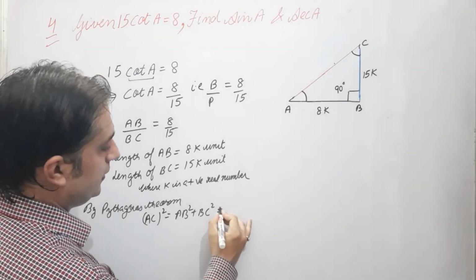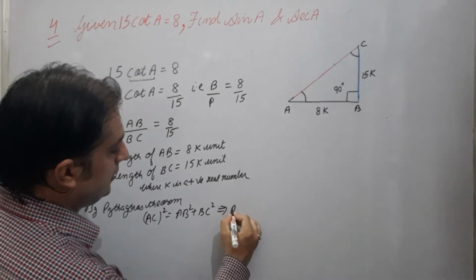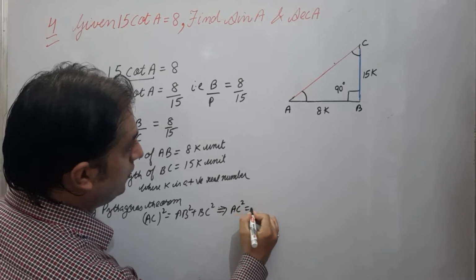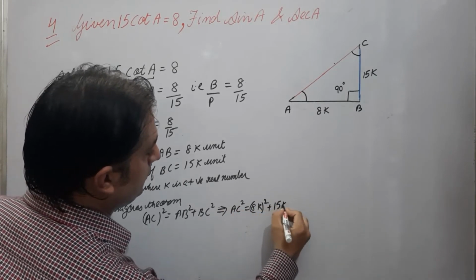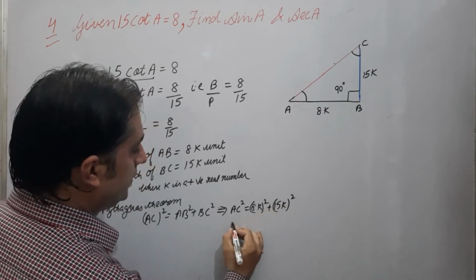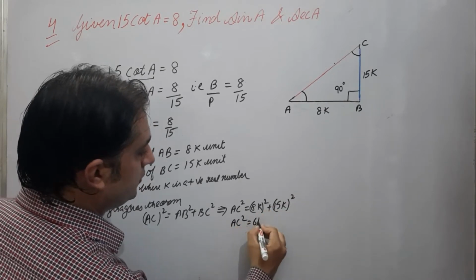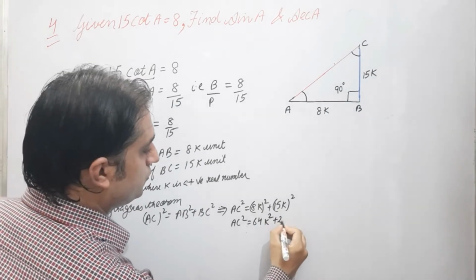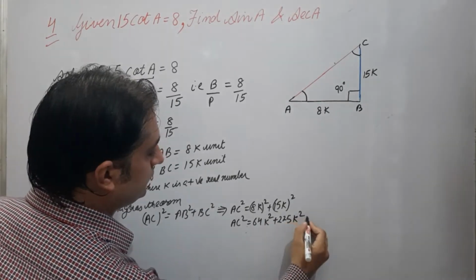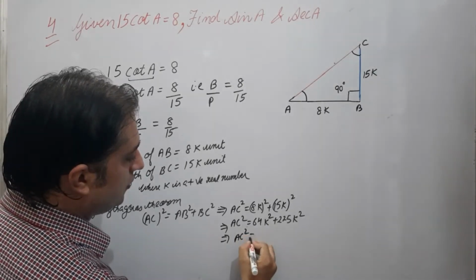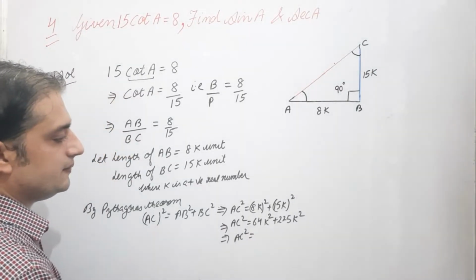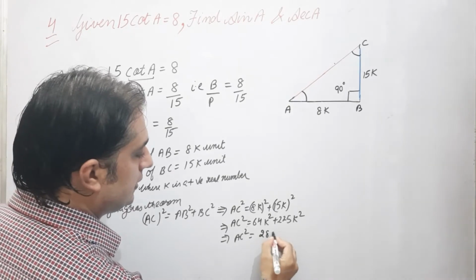AC square is equal to 8k square plus 15k square, that is 64k square plus 225k square, which is 289k square.